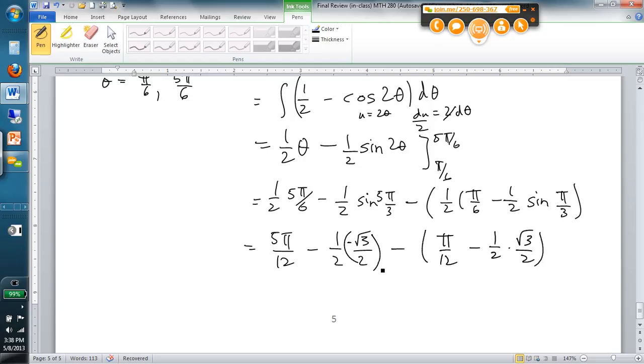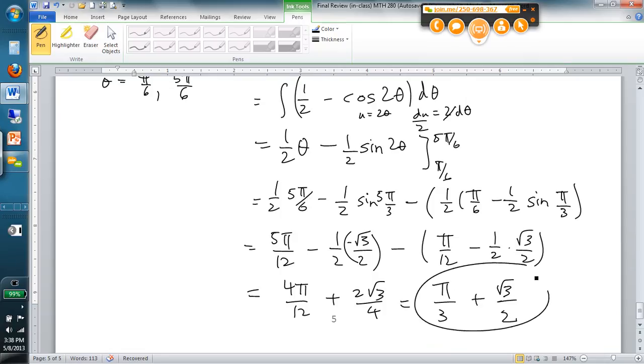So that would be plus, so 4 pi over 12, plus square root of 3 over 4. That would be plus square root of 3 over 4, so that's 2 square roots of 3 over 4, which is pi over 3 plus square root of 3 over 2. I'm not really trusting that at this point, but I think it's right.